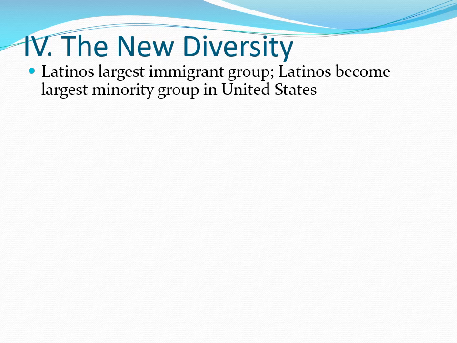Latinos are now the largest immigrant group, and Latinos are now the largest minority group in America. For a long time, most of our history, African Americans were the largest minority group. But in the late 20th century, that changes with the Hart-Celler Act, and alongside this you have things like the Brown Power movement, the rise of Latino activism among American-born Latinos who may be third, fourth generation.